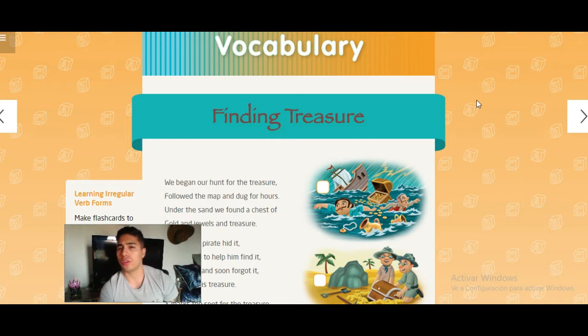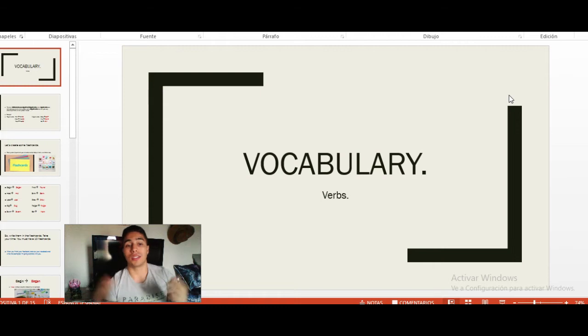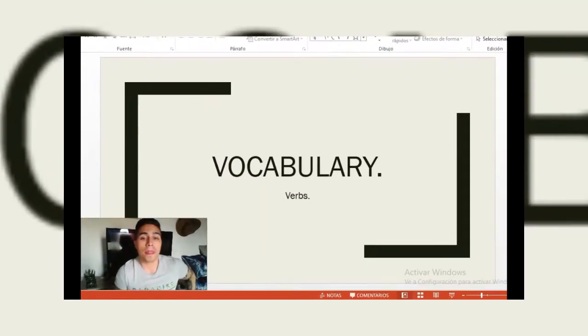First let's pay attention and then we are going to come back to this page. To understand what we have to do on that page, we first have to learn something new. We need this information in order to make good progress and to express ourselves in a very good way. So we have vocabulary.